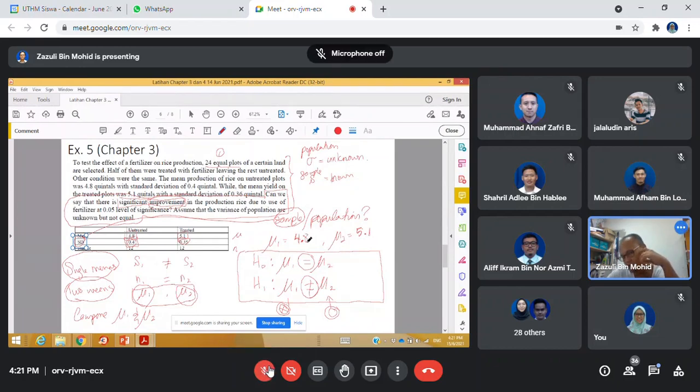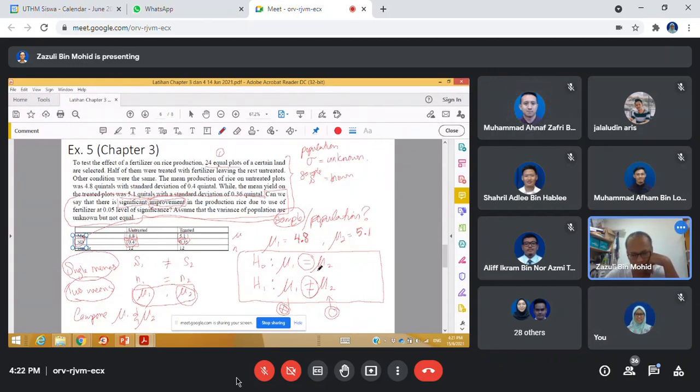Betul tak? So from the mean, we can understand that the treated one is better than untreated. That means we have improvement. Betul tak?